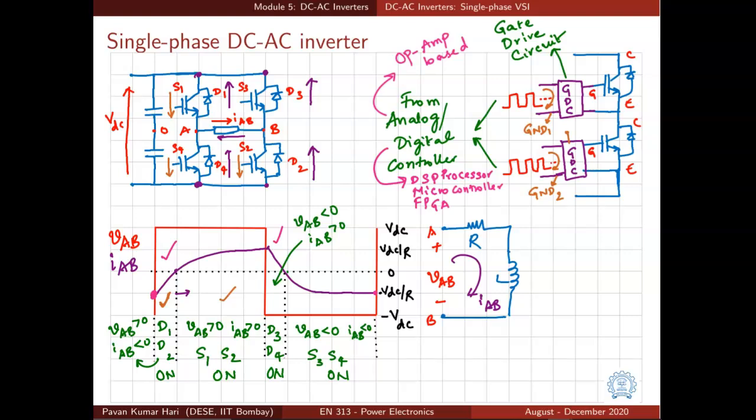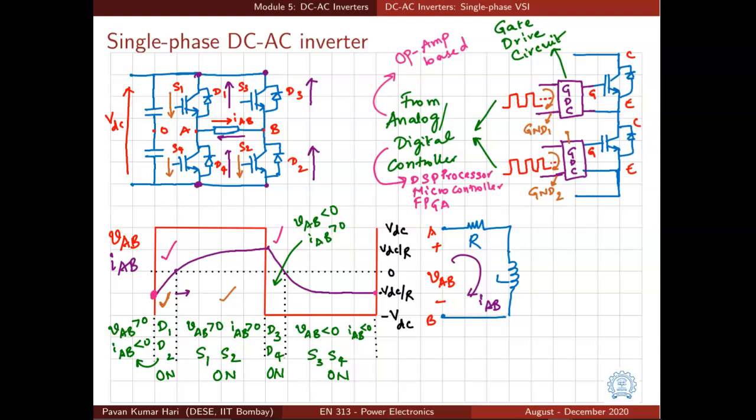If you observe here, the two gate drive circuits that are needed to turn on two IGBTs will have different grounds, because the current completes through different reference terminals in both cases. So that brings in the need for isolated power supplies, that means power supplies with isolated ground, which we discussed while discussing the flyback converter.